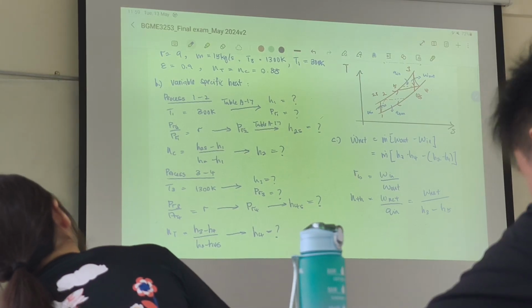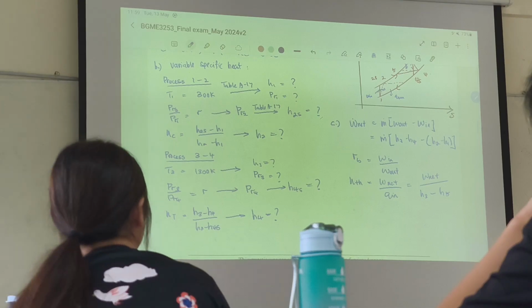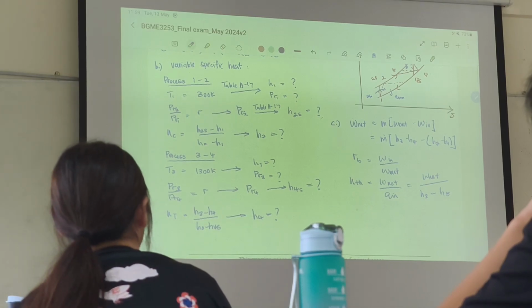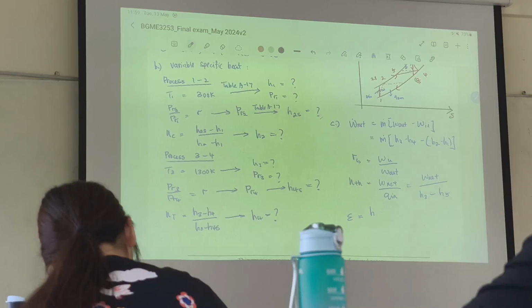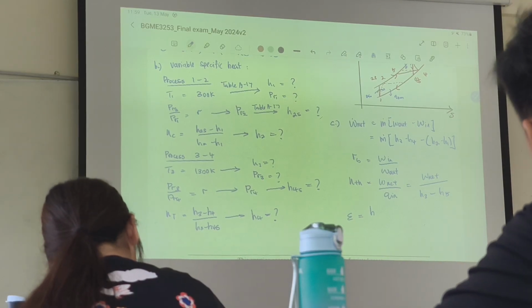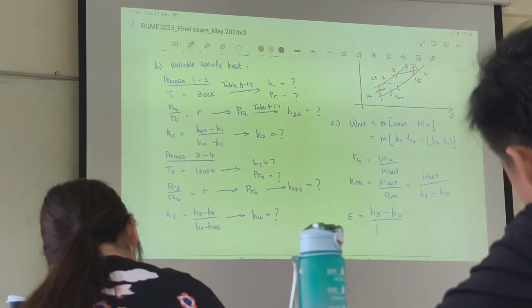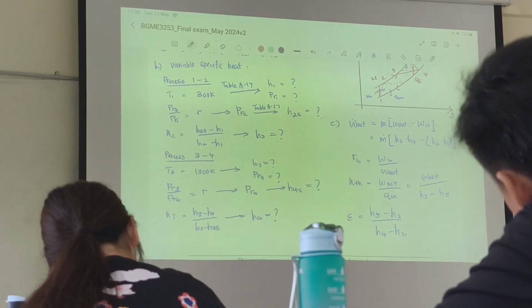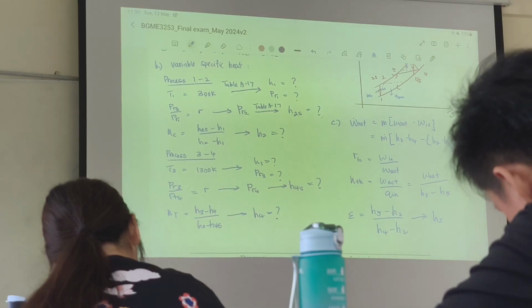H3 minus H5. So you need to find H5. So H5 will be from the effectiveness equation. So effectiveness will be H5 minus H2 over H4 minus H2. Then here you can get H5.